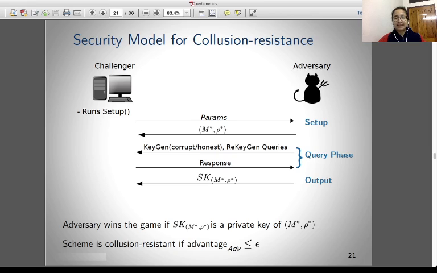The adversary next enters the query phase, where it can ask the challenger for key generation and rekey generation of keys of its choice, and the challenger responds accordingly. Finally, the adversary outputs a secret key SK, and it wins the game if the secret key SK is a valid private key of the access structure m*rho*, and the scheme is collusion resistant if the adversary's advantage is negligible.